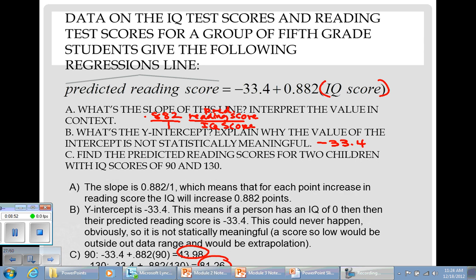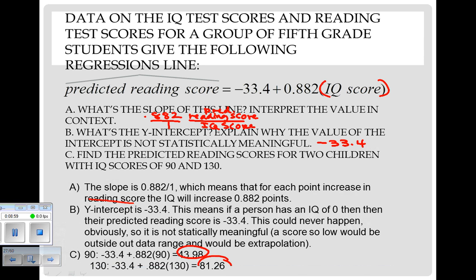Okay, so just looking over this, I actually flip-flopped. For each increase in IQ, the predicted reading score will increase by 0.882.